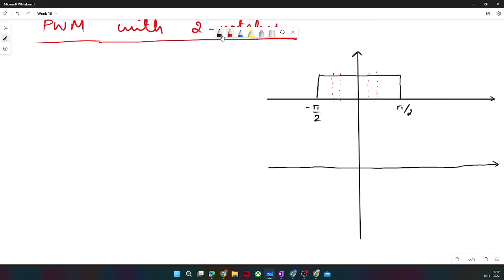So let me draw the notch signal. So this was F1, let's say this was F2, and whatever we are removing from this portion, I will add at shift of pi.